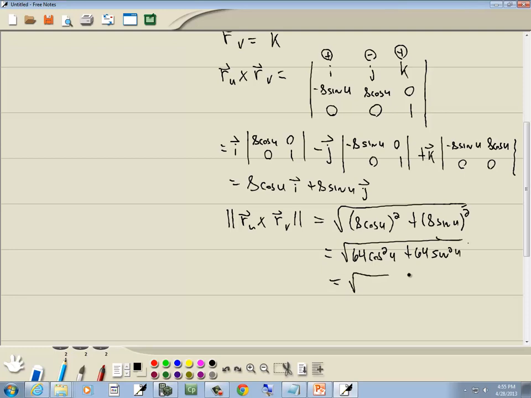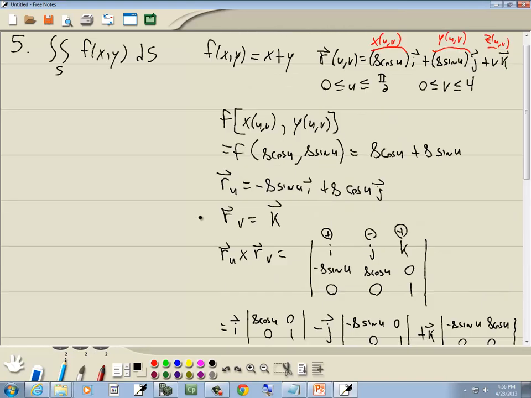And we can factor the 64 out, and that gives us cosine squared u plus sine squared u, which cosine squared plus sine squared is 1, and then square root of 64 is 8. So that's our magnitude of the cross product of those two partials. Okay, so now we have everything for our formula.